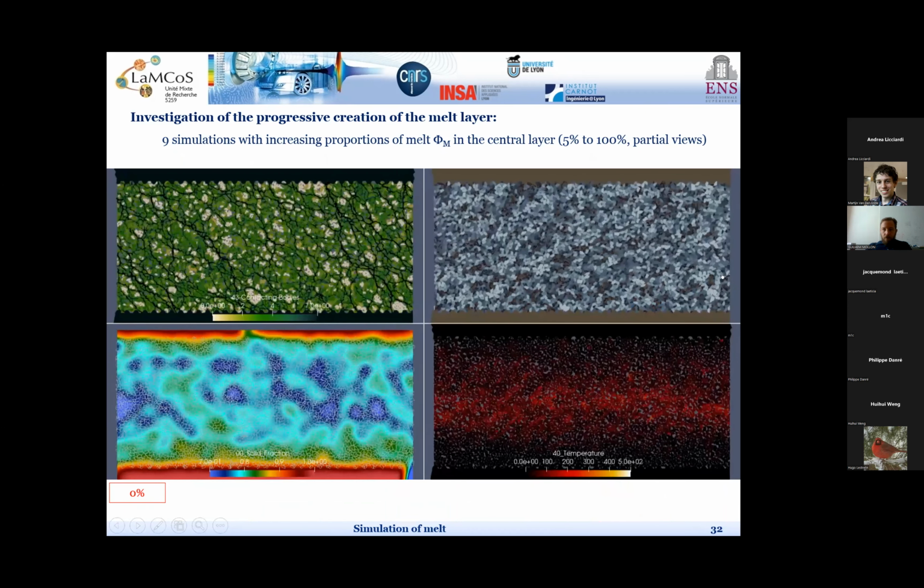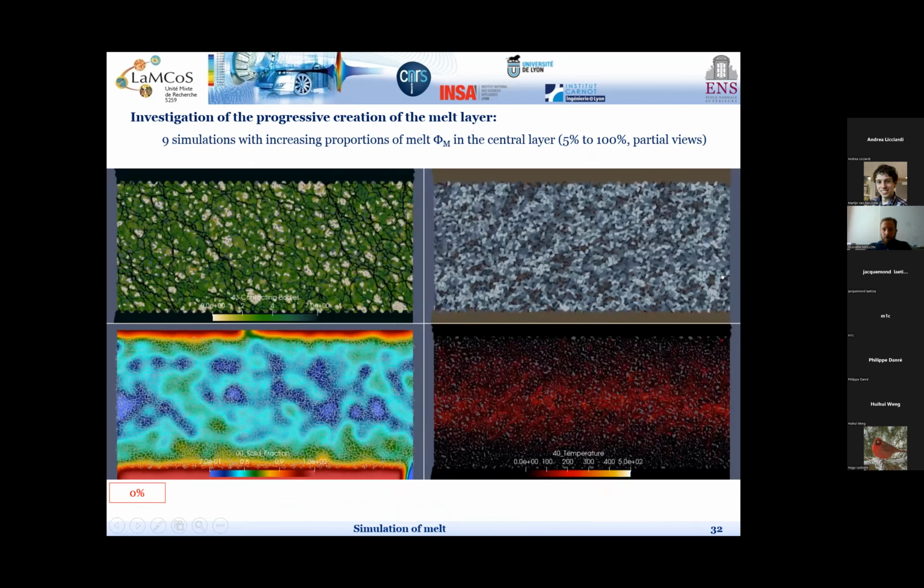We can see that the top and bottom layers of grains here seem to be sheared a bit less. They act more like rigid or undisturbed layers, and we tend to observe that heat creation is more concentrated in the center of the layer here.